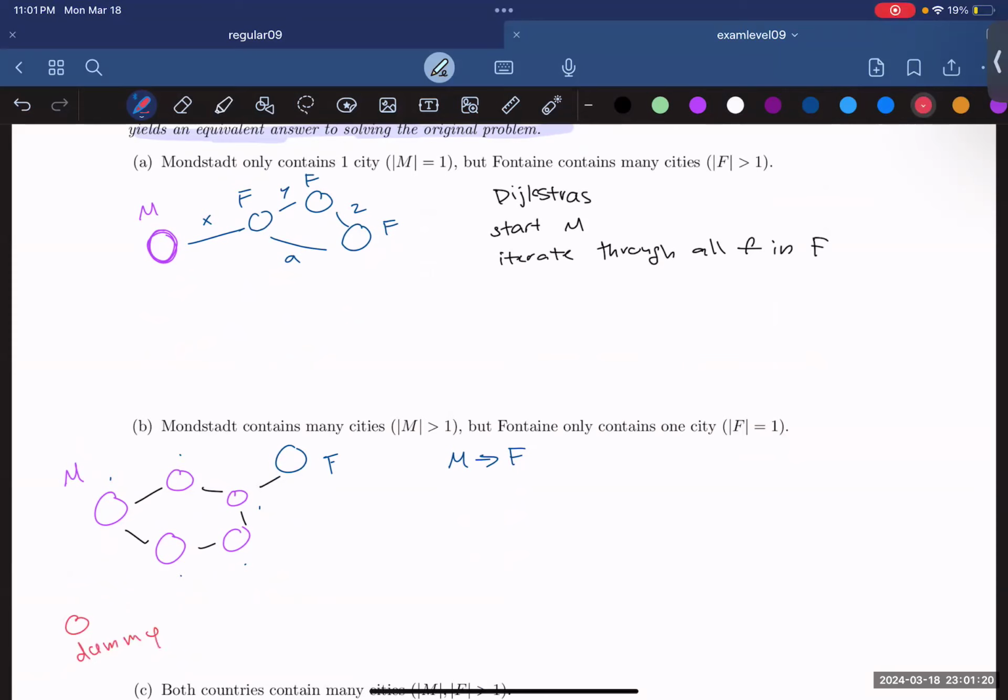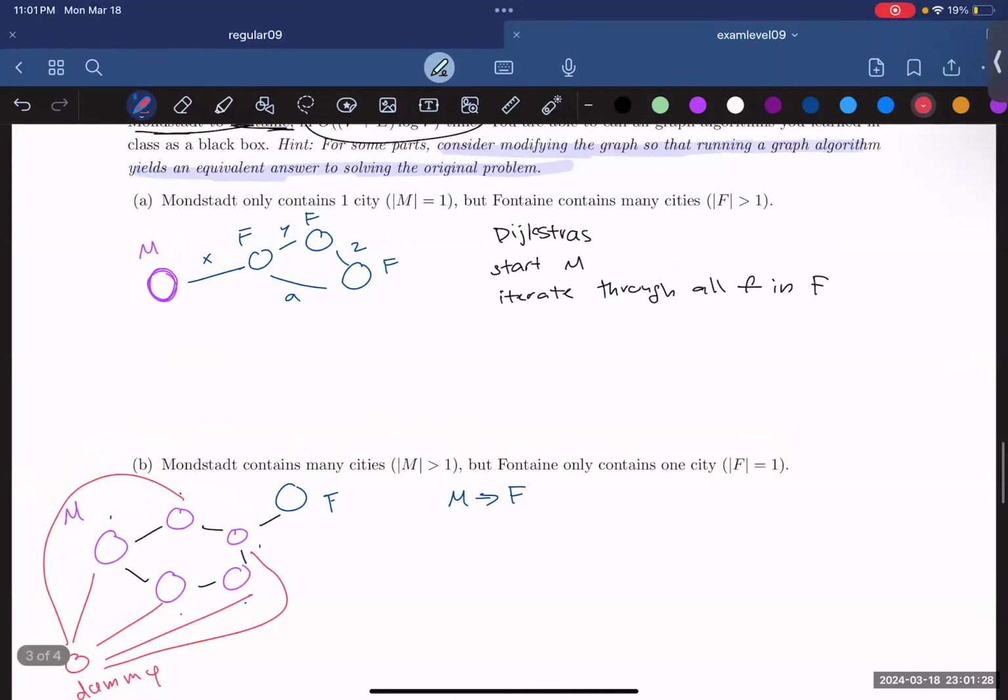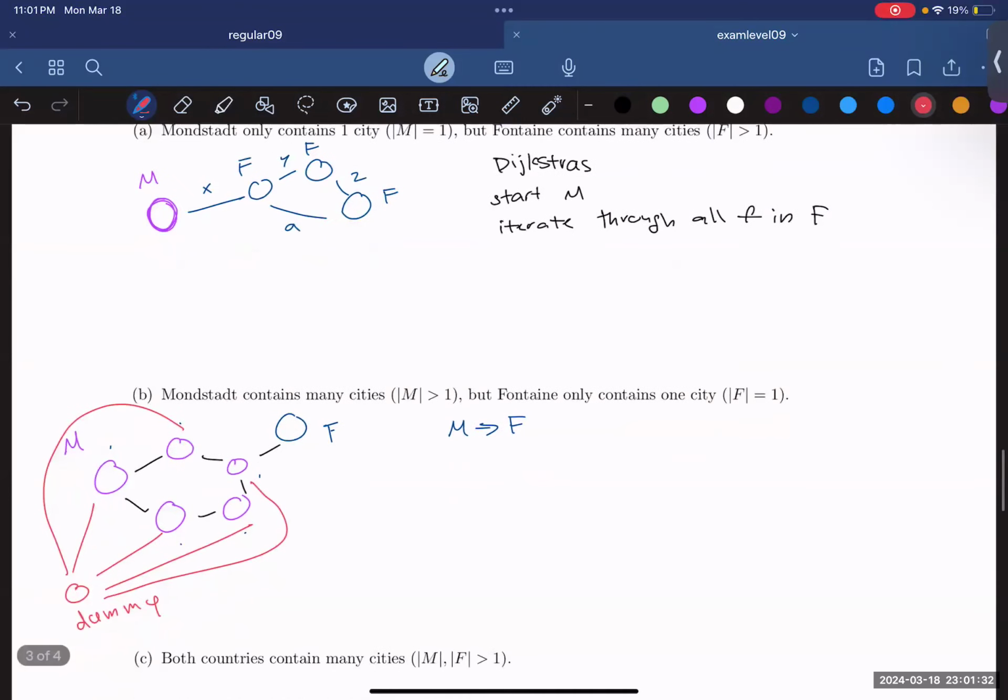Because we want to start at Mondstadt, we're going to connect this dummy node to all potential vertices in Mondstadt. To make this equivalent to the original problem, we set the weight of all these edges to 0. Starting with the dummy node, it's going to iterate through all cities in M.